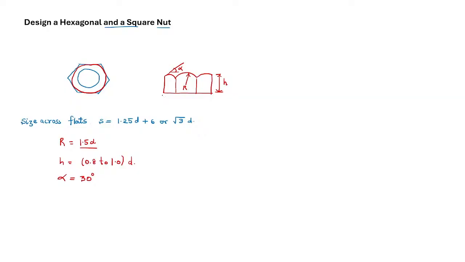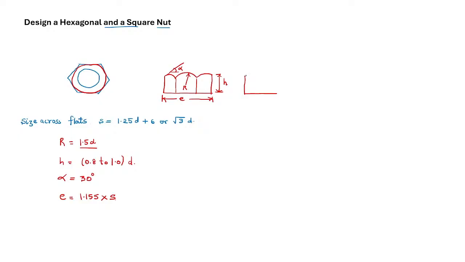Another dimension is E. The value of E will be taken as 1.155 times S. In the same way, the side view can be drawn.